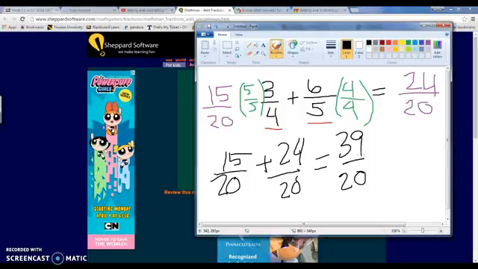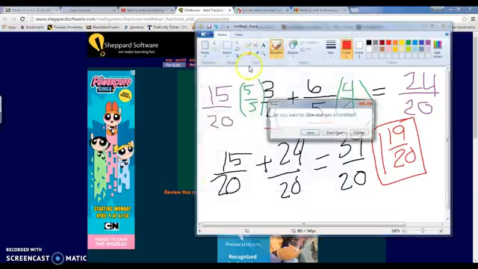So in order to make this proper, we have to figure out how many times 20 goes into 39, and it's obviously once, which would leave us with 19 left over. So we would have 19 over 20. And let me circle that or box that in. That would be the answer for adding.